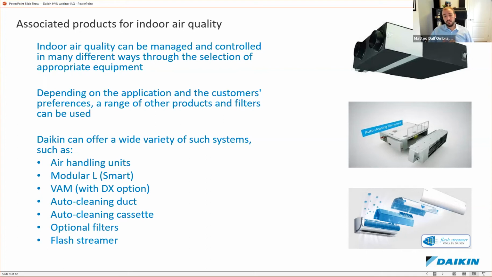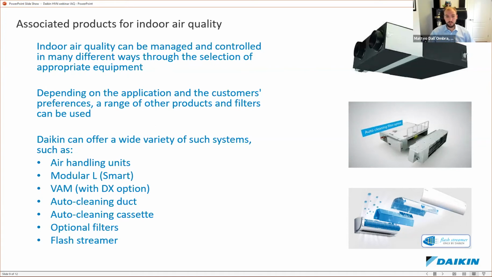Here, again, I think we are in a slightly unique position where we can offer lots of different options. For example, as you can see here on the slide, we have a couple of solutions for automatic clean filters. We have this solution for our ducted units, which is the module that you see here on the slide, and we've had this module for our round flow cassettes for many, many years now.